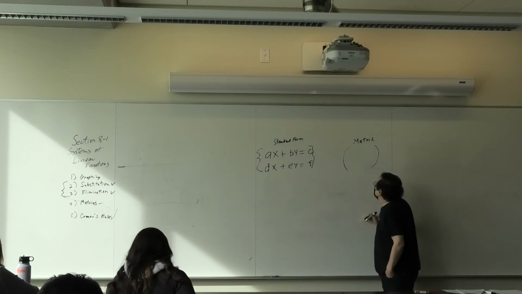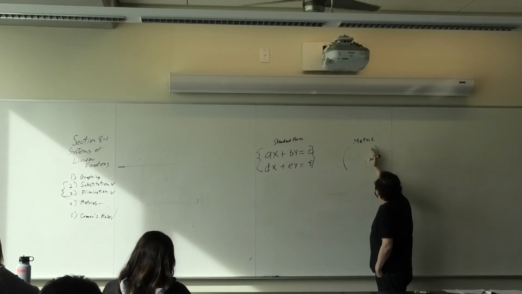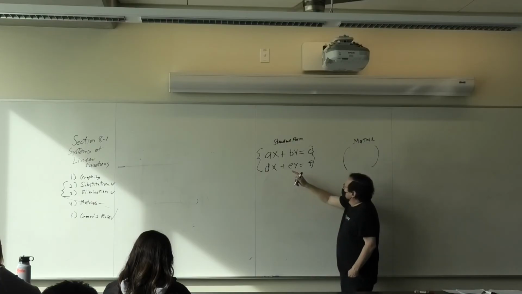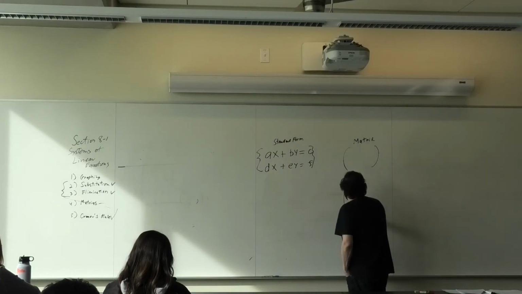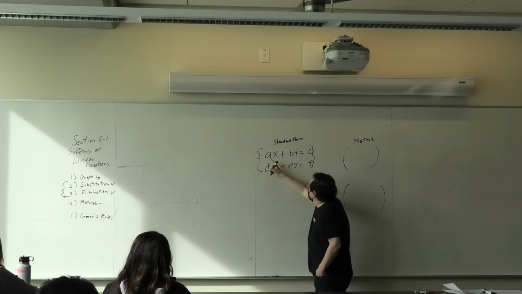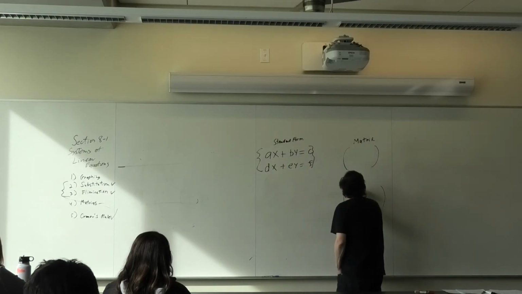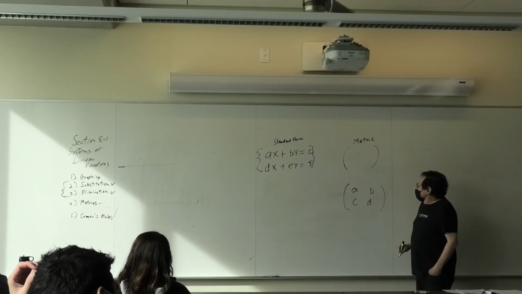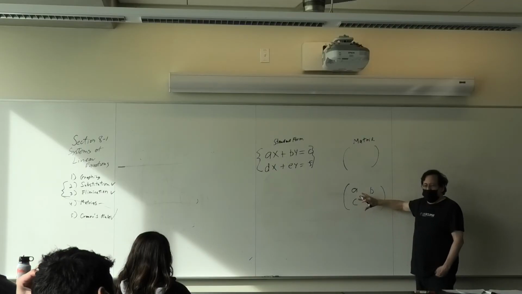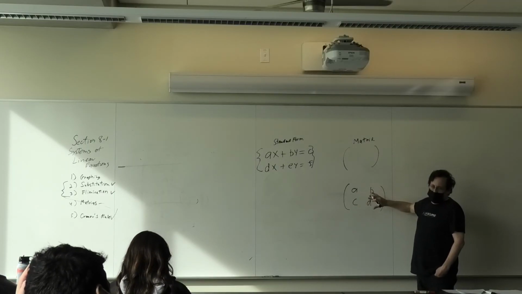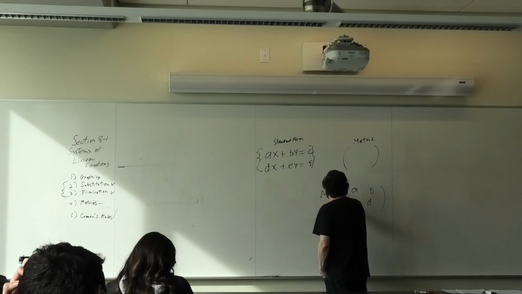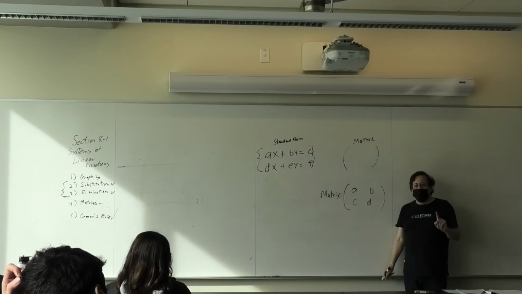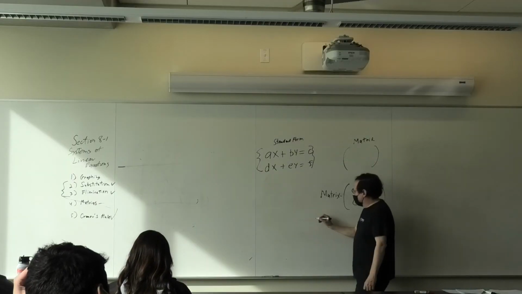A matrix is just a series of columns and rows with numbers in them. In particular here, we're interested in this matrix. I put this into standard form, A, B, C, D. Now, when you have a matrix, I guess I should put some labels here. There's a way to turn a matrix into one number, which is called a determinant.